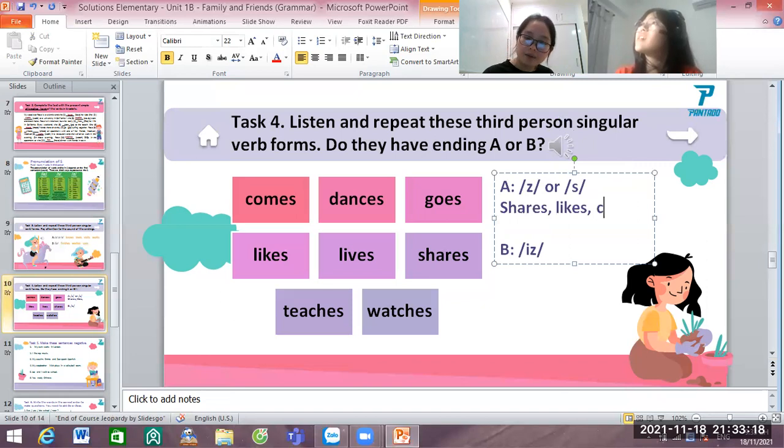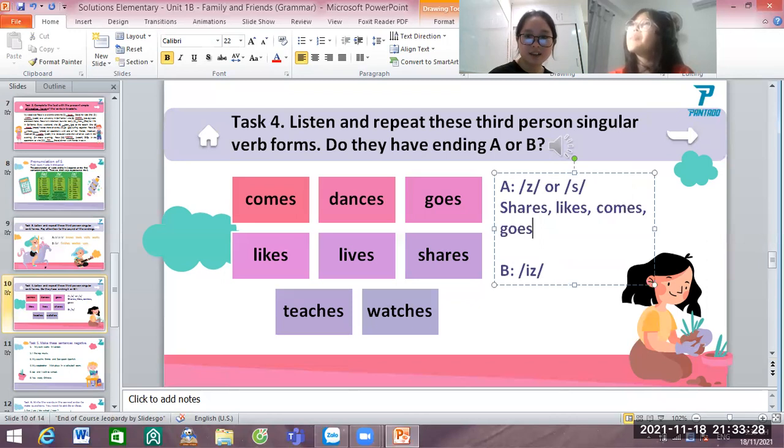Comes, the third one. Goes, the fourth one. Leaves. Good. That's it? Okay, finish.